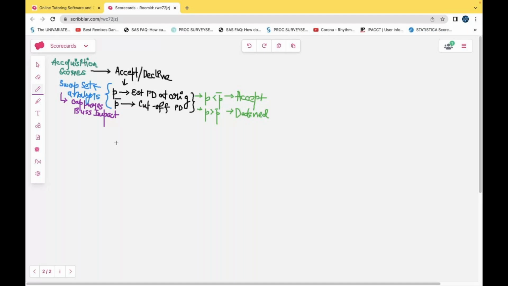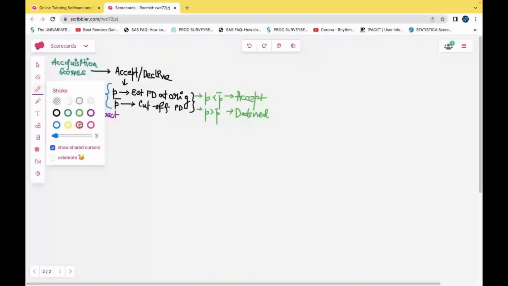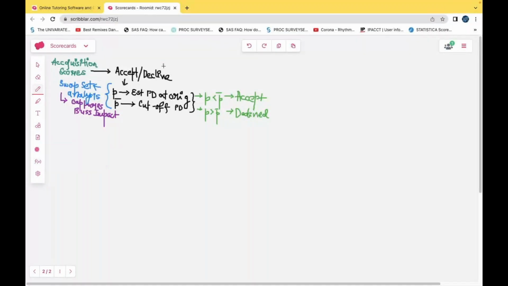Now, how do you assess the effectiveness of an accept decline strategy, right? There are 2 points that need to be taken care of. Number one, have approval rates or booking rates been significantly impacted, or have they improved?